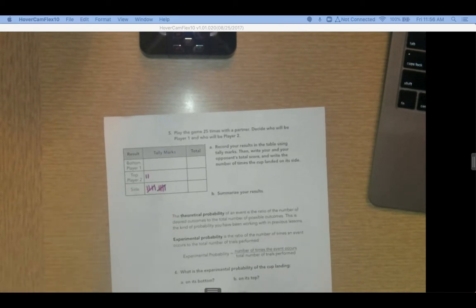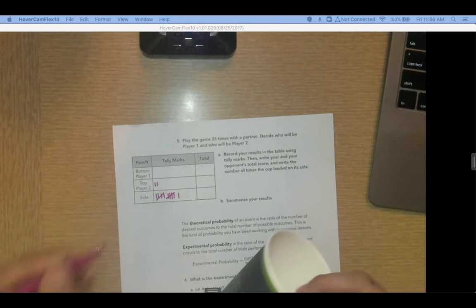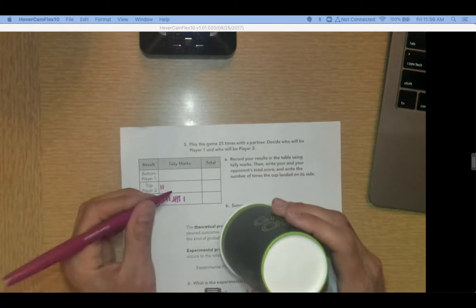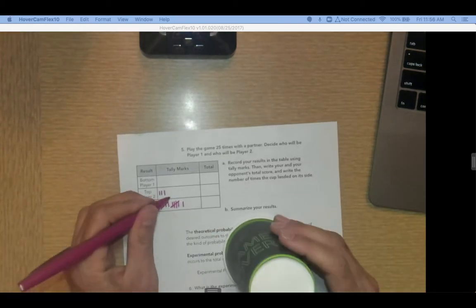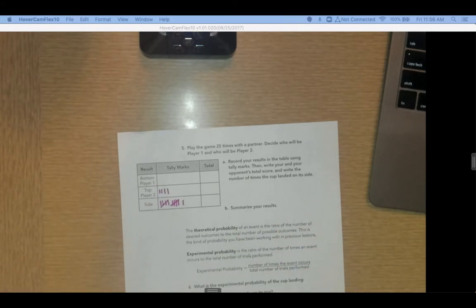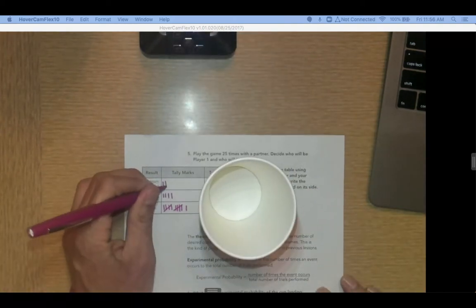Side. Oh. Side. Top. Top. Nope. Redo. Woo! Bottom. Woo! Bottom.